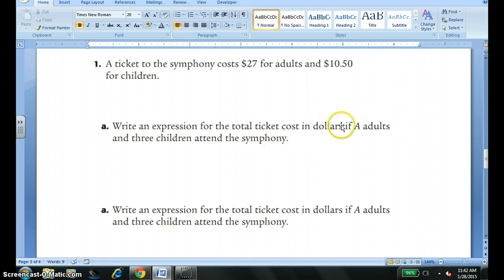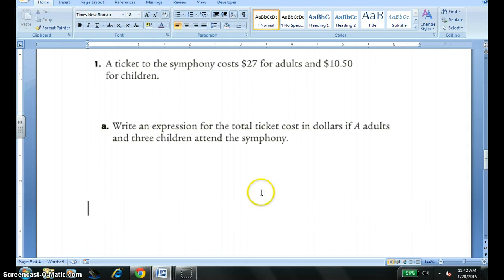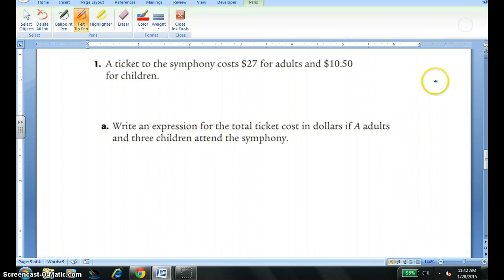So I'm trying to find out total amount of money here. So I'm going to do this part A for you. I will look at part B afterwards. But I'm going to take a look at part A. So if there are A adults, and each adult costs $27, that would be 27A.